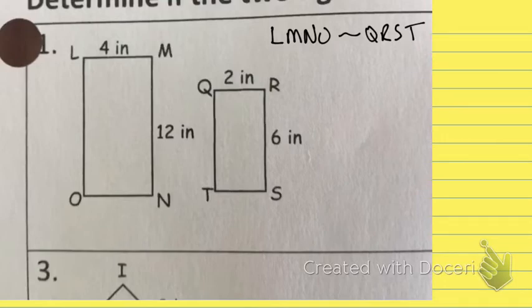Now here's why this is useful. Take for example this side, ON. ON is those two, and it's the same thing as ST, which is the last two there. It always matches up. So when you're talking about corresponding sides, you can use your statement to identify your sides that are corresponding.